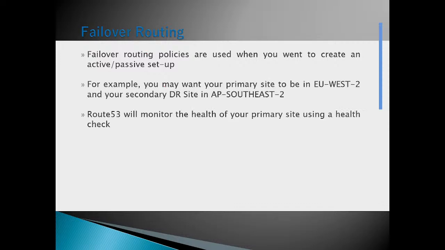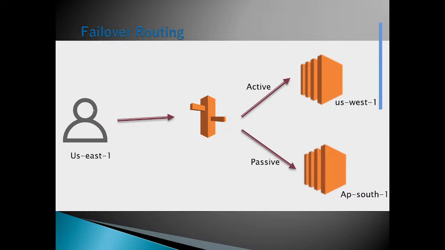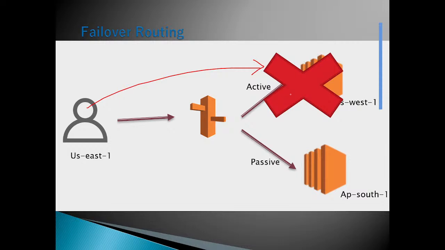So basically failover is active standby. I'm sending all my traffic to my primary, only one machine, and there will be a standby. So if the primary goes down, then the secondary will come up.